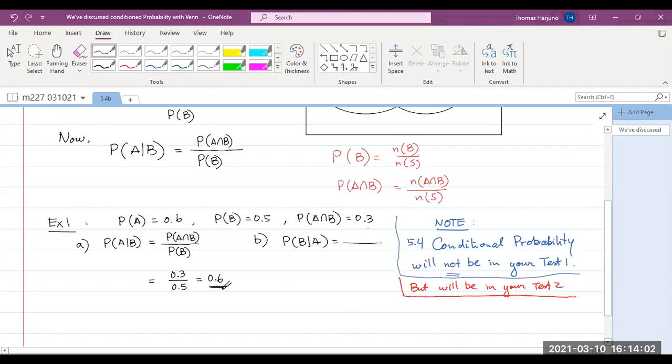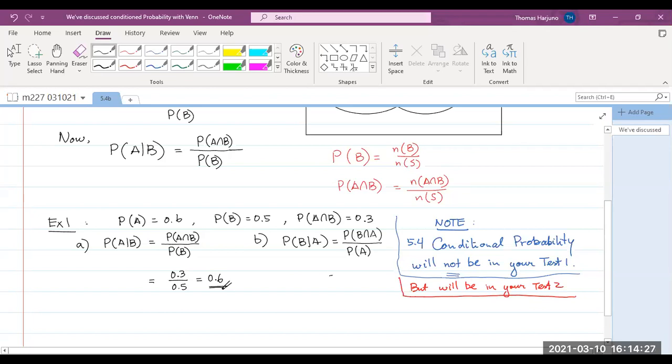P, parentheses, B. On the denominator, that would be the probability of A? Yes, that's right. That's the condition. And then on the numerator, that will be probability of B intersection A.